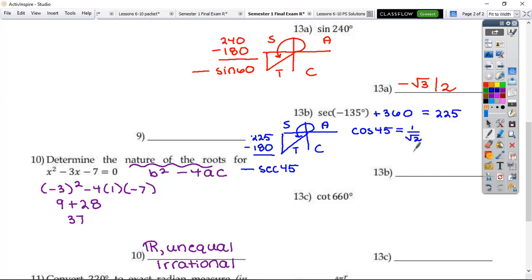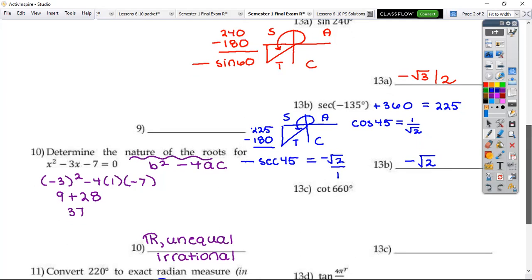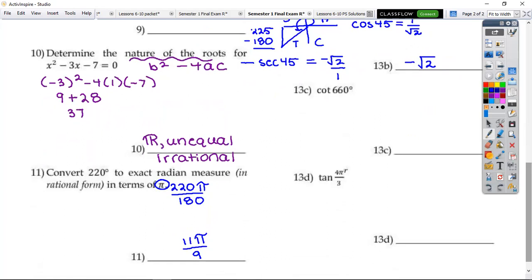So I'm going to take that and flip it. So if I flip it, I would get radical 2 over 1 and then negative in the front. If you use the rationalized version, you just have to do a teeny bit more work, but the answer will come out the same. All right, let's finish up these last two.